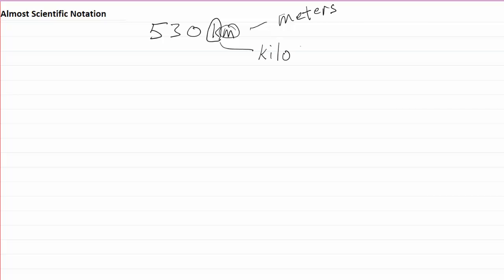In this case, kilo is the prefix, meters are the units, and kilo in the metric system happens to mean something particular. It means 10 to the third. So if I have that 530 km there, what it means is 530 times 10 to the third meters.